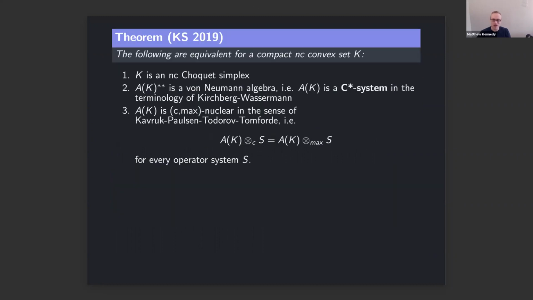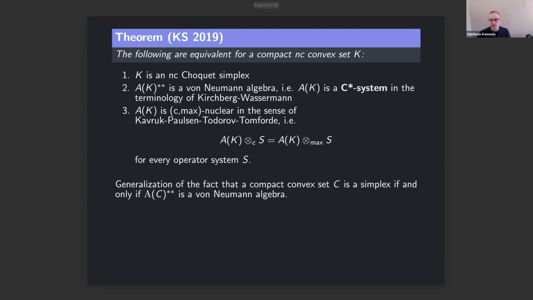Just like in the classical setting, where it's a fact that a compact convex set C is a simplex if and only if the bidual of A(C) is a von Neumann algebra. This is a result essentially due to Namioka and Phelps.